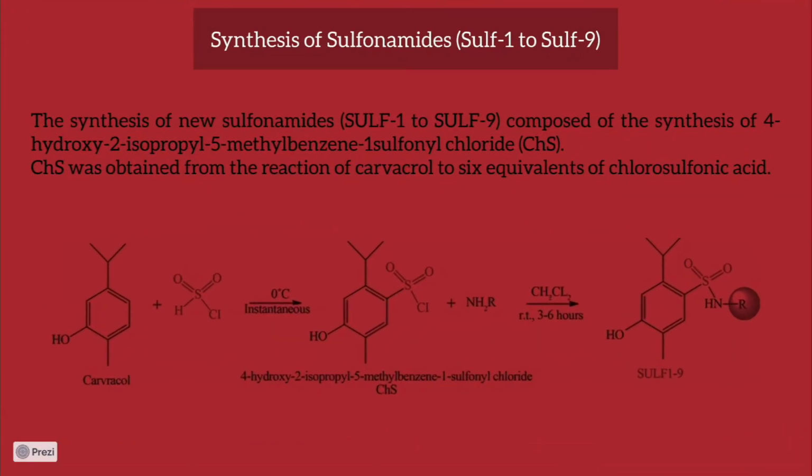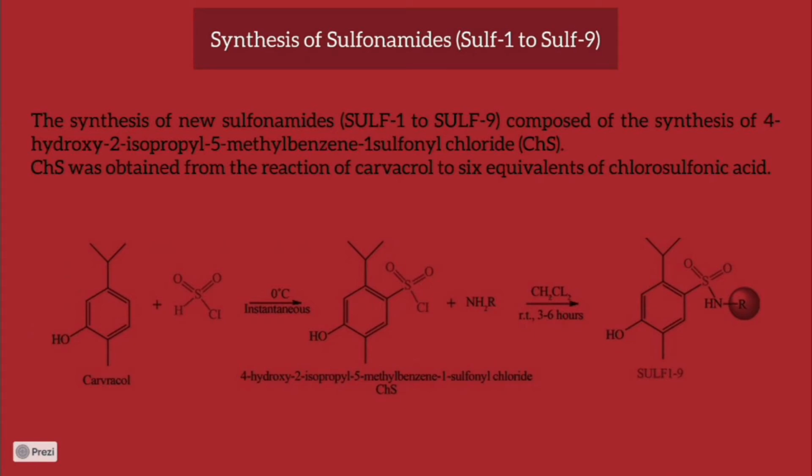The synthesis of a new sulfonamide from sulf1 to sulf9 was performed in two steps. Firstly, the synthesis of 4-hydroxy-2-isopropyl-5-methylbenzene-1-sulfonyl chloride, which is abbreviated as CHS. CHS was obtained from the reaction of carvacrol with 6 equivalents of chlorosulfonic acid.